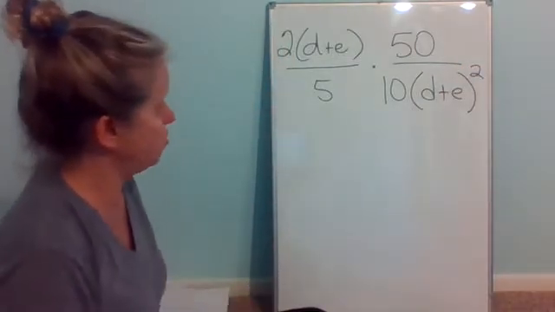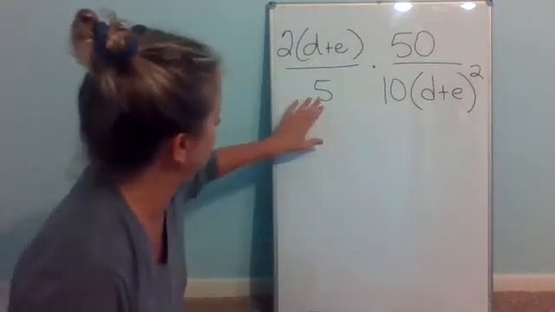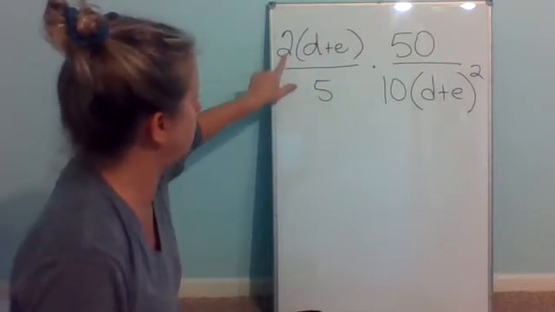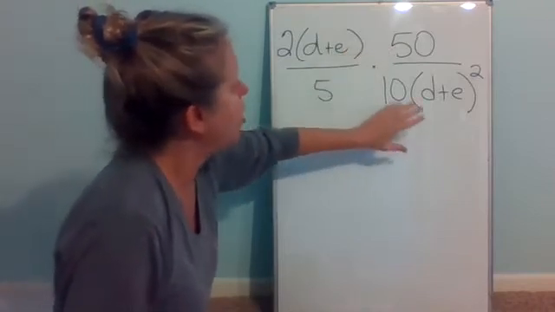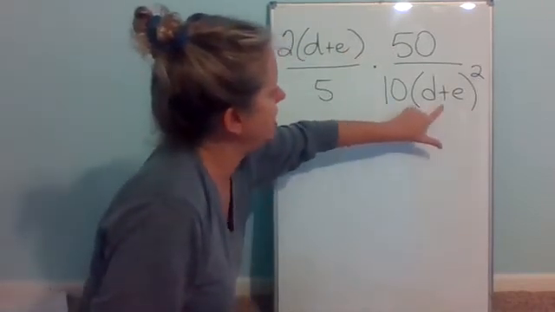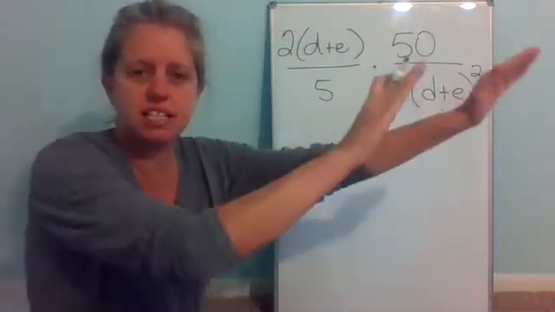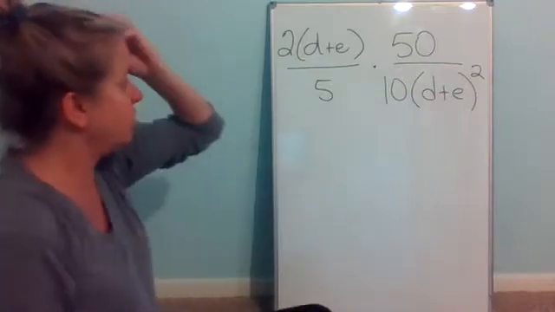Now, when I am doing problems like this, the first thing I'm going to do is, it's already factored for me, right? This 2 is already pulled out. There's not any factoring I can do in either of these spots. What I kind of want to see, though, is this (d plus e) squared. I'm actually going to want to see it as (d plus e), right? Times itself.